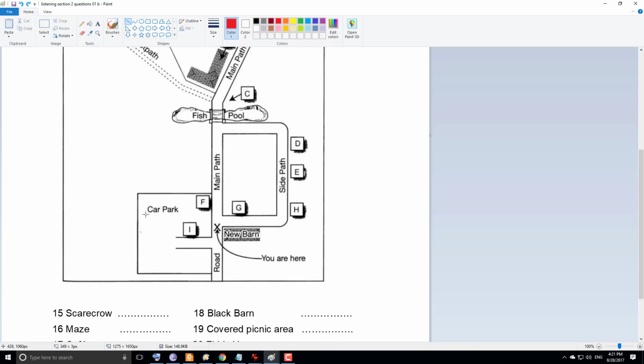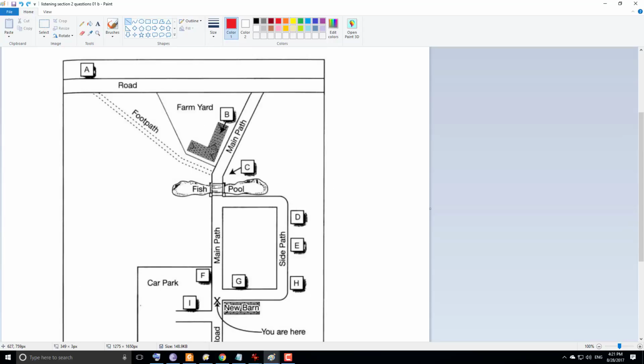Instead, look at the features that are a little bit different and which have labels like car park, new barn, main path, side path, all these things that have labels on them. And here, fish pool. And then also, look at what's going on here over the fish pool. What is that? Well, of course, it's a bridge because the path crosses the bridge.